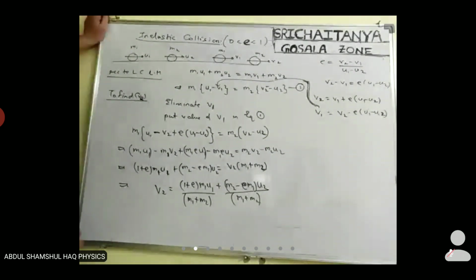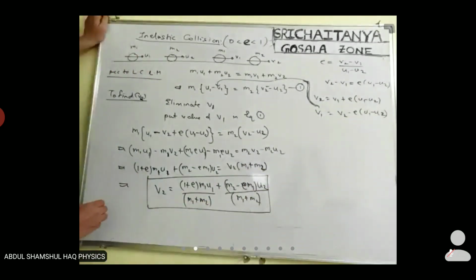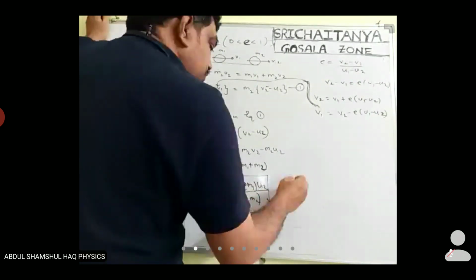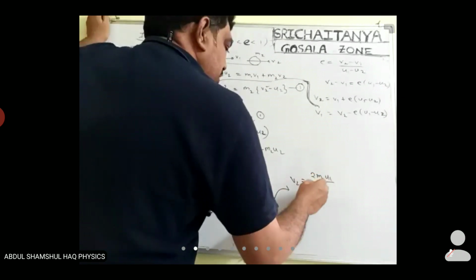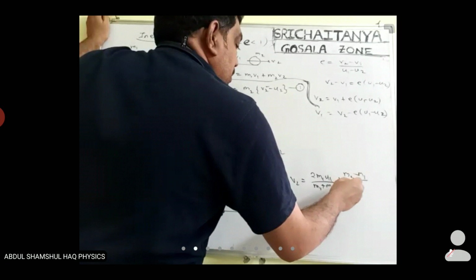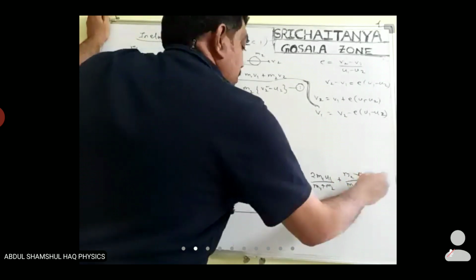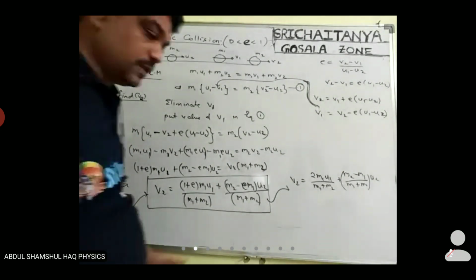If I put E equal to 1, students, in this case will we get the result V2 equals 2 M1 U1 divided by M1 plus M2? Like this.